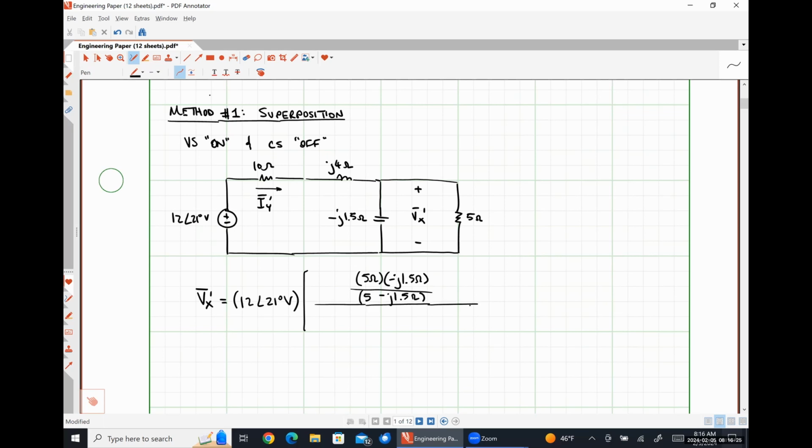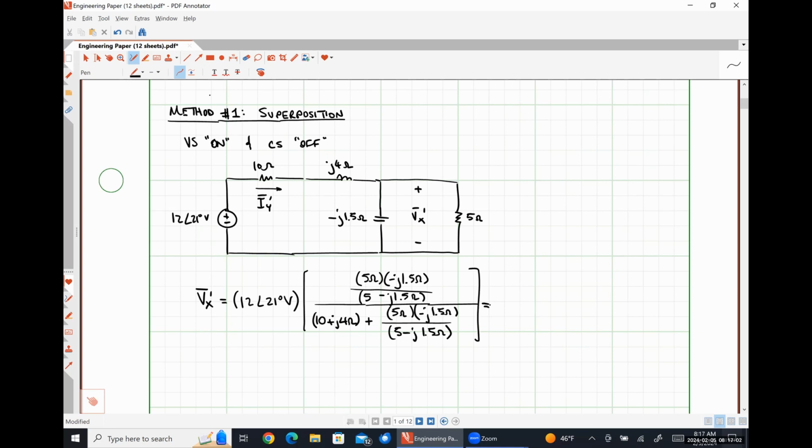Then in my denominator, I'm going to treat that resistor in series with an inductor like a single impedance of 10 plus j4 ohms. And now I'm going to have that same parallel combination of impedances on the right-hand side. So that's going to look like 5 times minus j1.5 over 5 minus j1.5. And we now have something that we should be able to throw into our calculator.